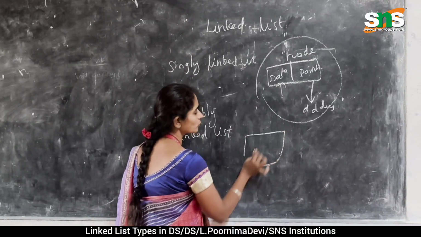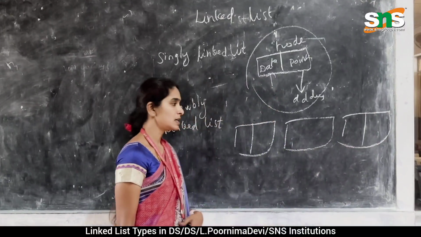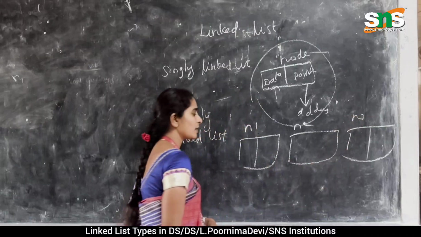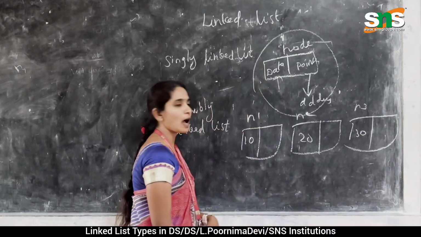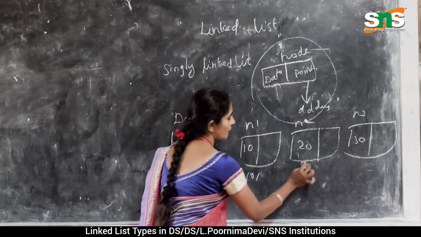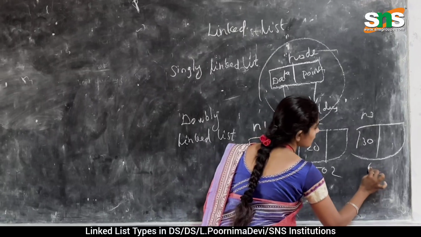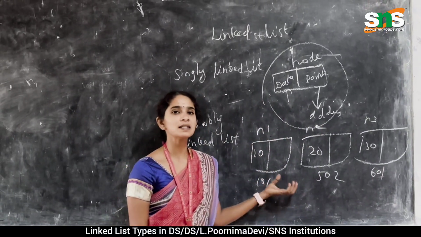In this I have to show three nodes, N1, N2, N3, with values 10, 20 and 30. I have to know the address of the next element. You can store the element anywhere the memory space is free.